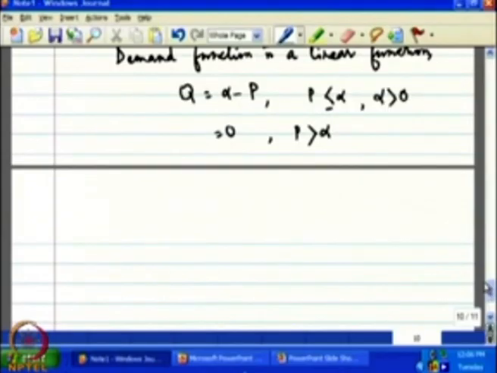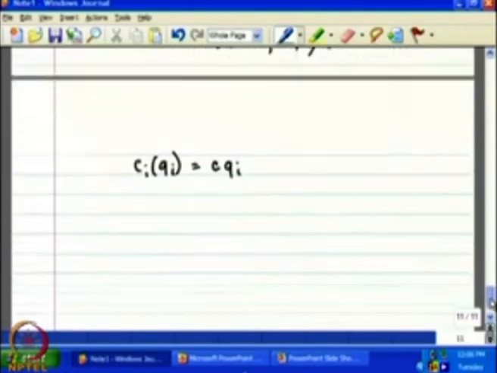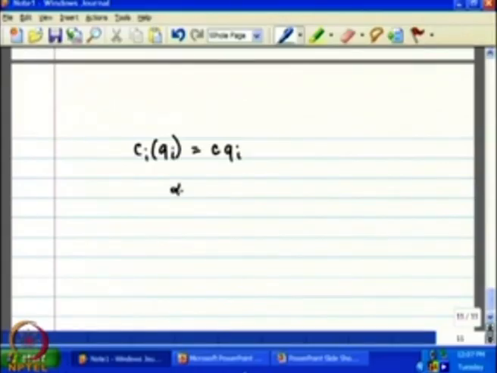And like before, we are going to assume a very simple cost function, that is Ci(Qi). Qi is the output level of firm i, Ci(Qi) is the cost of production of firm i, which produces the level Qi of output. It is given by small c multiplied by Qi, which means that for 1 unit of output, the cost that firm i has to bear is small c, and like before, we are going to assume alpha is greater than c, greater than 0.